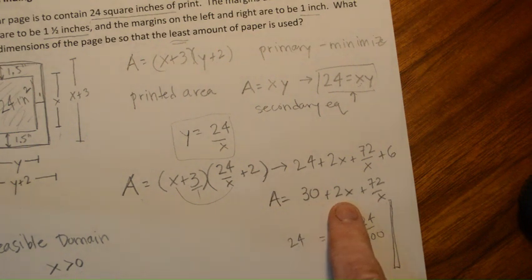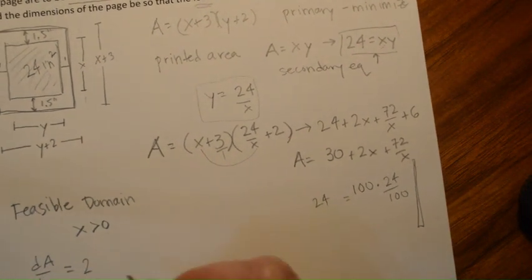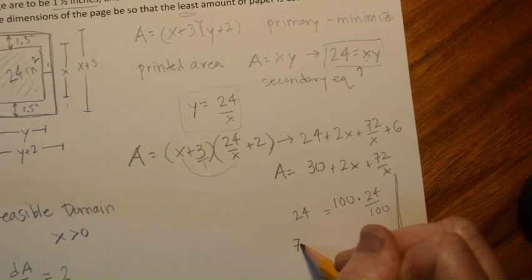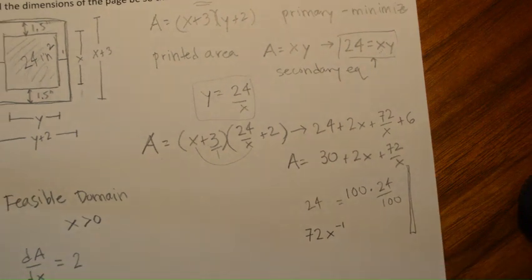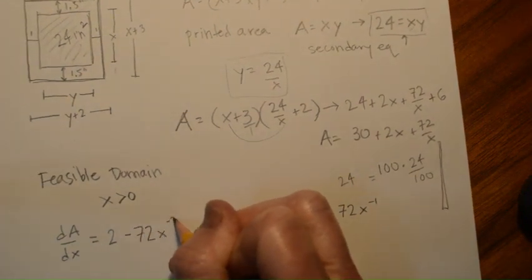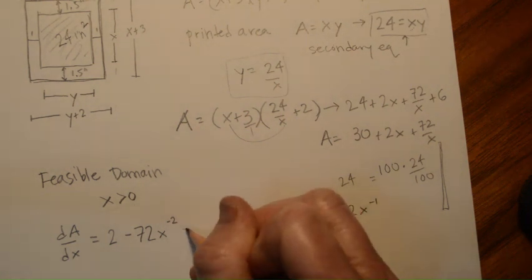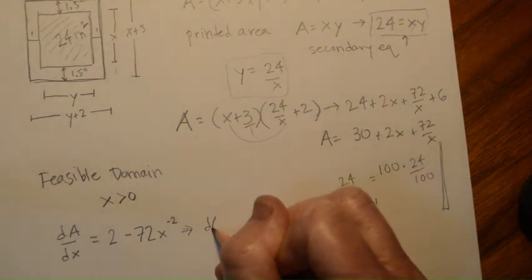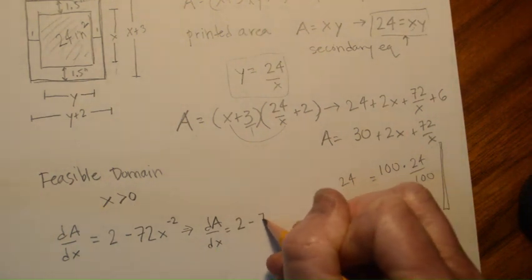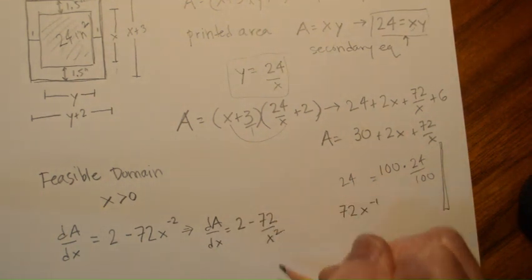When we take the derivative of 2x, we get 2. And then when we take the derivative of this, let's remember that this is the same thing as 72x to the negative first. And so we would end up with negative 72x to the negative second, which is the same thing as dA/dx equals 2 minus 72 over x squared.